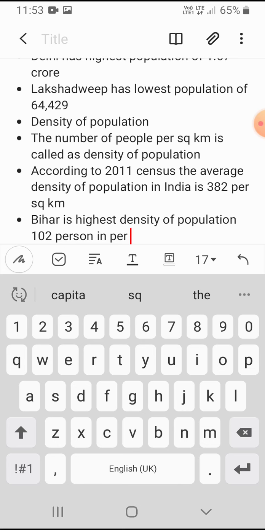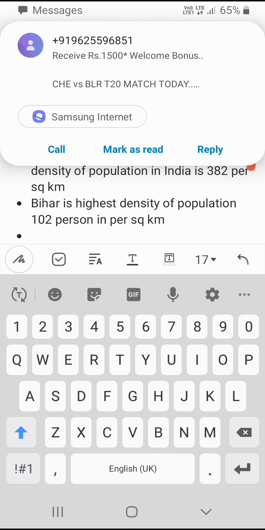In whole India there are 382 people per square kilometer according to the 2011 census. Density of population means the number of people living per square kilometer.